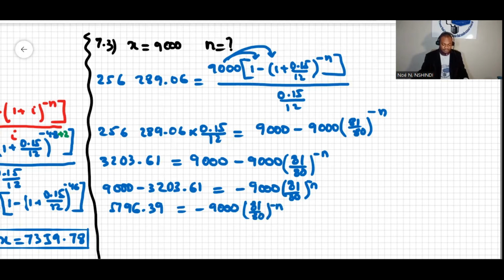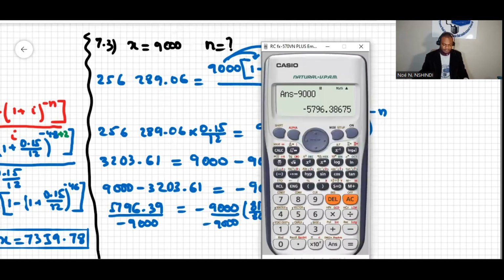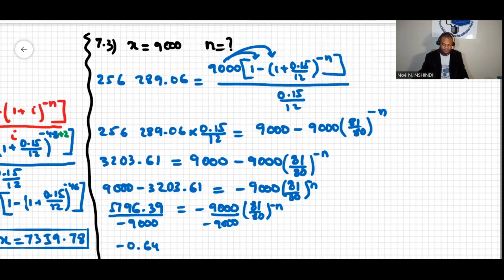Now we can divide both sides by negative 9,000, and then we get negative 0.64 equal to 81 over 80 to the negative n.